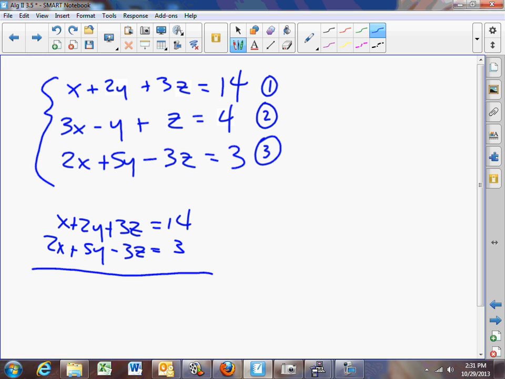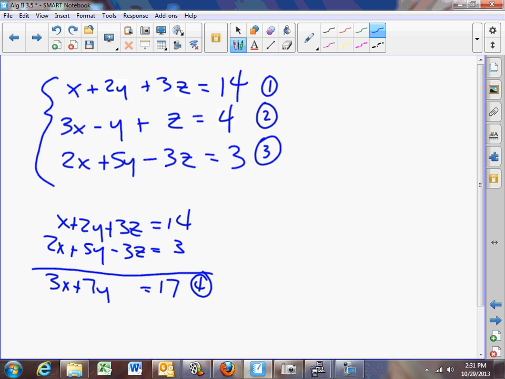When I do, I get 3x plus 7y, and the z's go away, equals 17. Now, I'm going to call this equation 4. Notice I'm actually circling the numbers for the names of the equations. Now, I got that equation using equations 1 and 3.